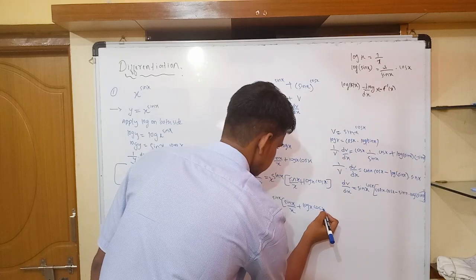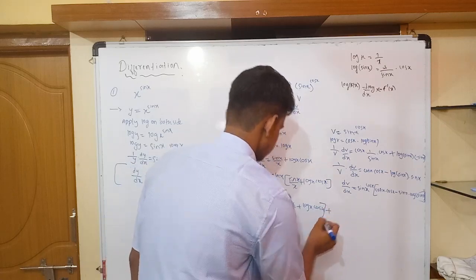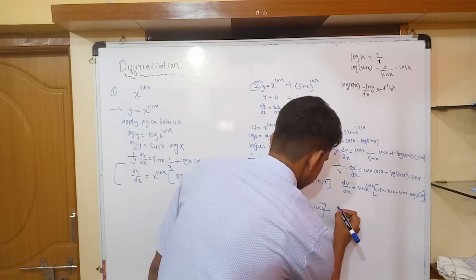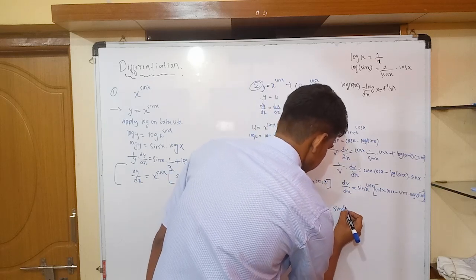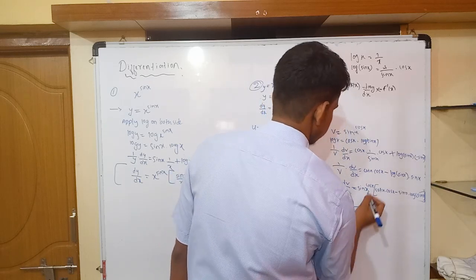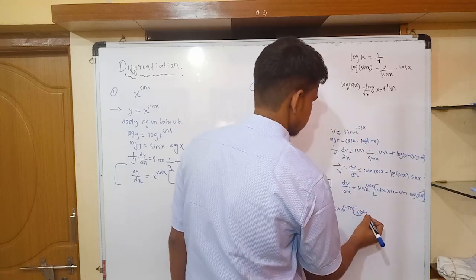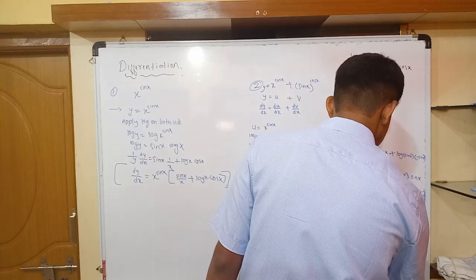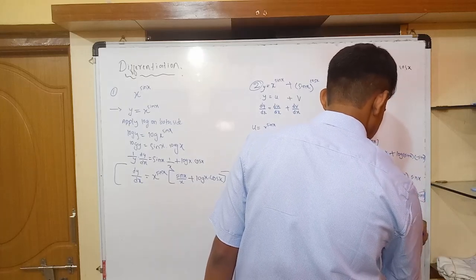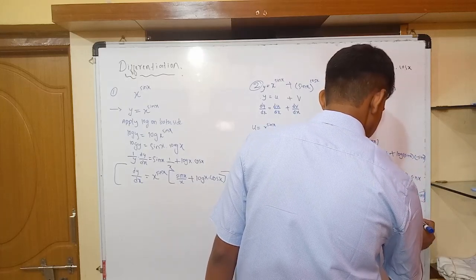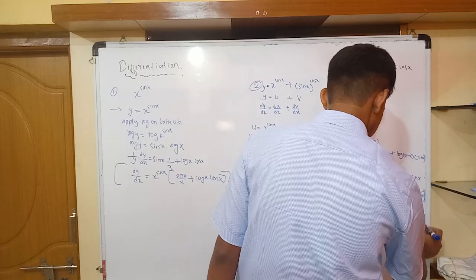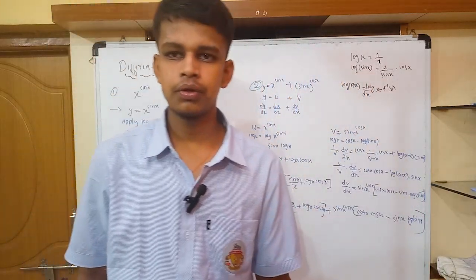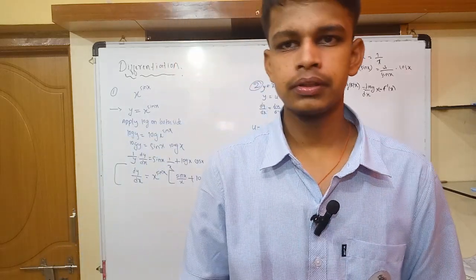This is completed, plus we have to write, because this is an adding function, sin x raised to cos x, in brackets cot x into cos x minus sin x into log of sin x. We got the answer.